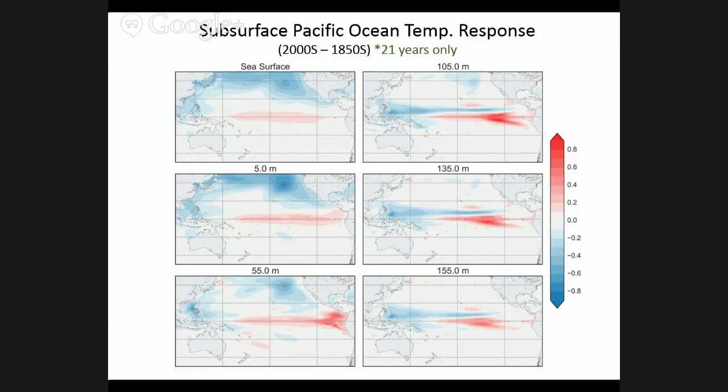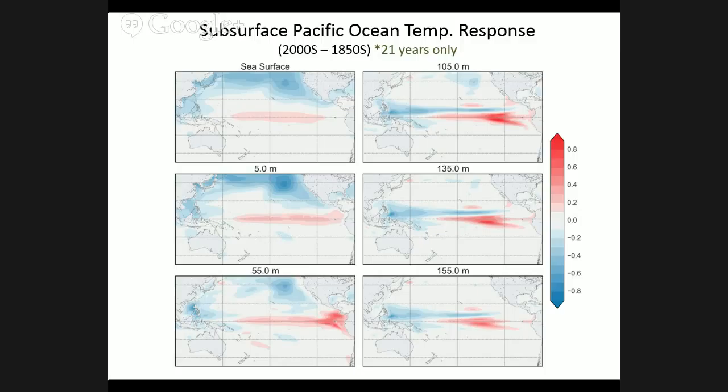What's happening with the tropical Pacific? But another thing you can see here is, this is because of the direct shortwave forcing over this region. As you go down from the surface, the direct effect of aerosols is gone.